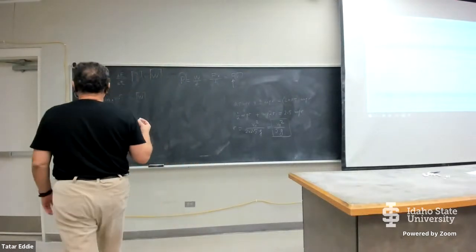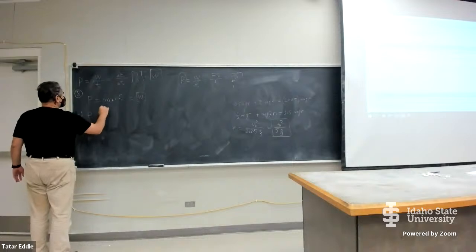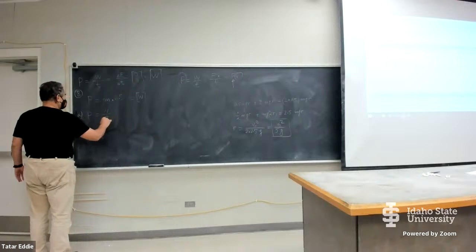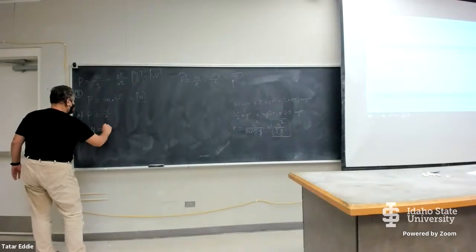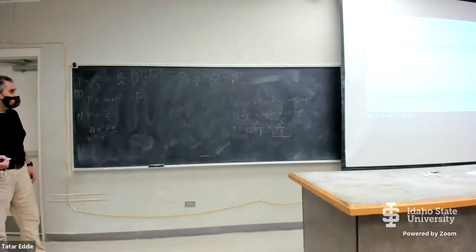You can immediately say power is work divided by time. In other words, the work is going to be the power multiplied by the time during which he is moving.